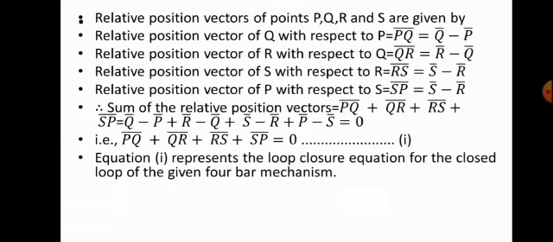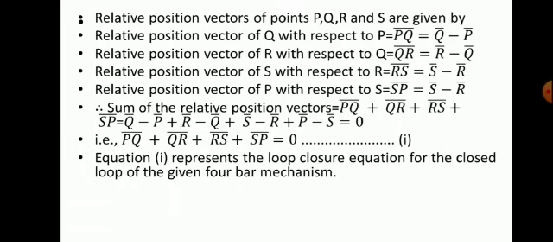Now, the sum of the relative position vectors is PQ plus QR plus RS plus SP, which is equal to vector Q minus vector P plus R minus Q plus S minus R plus P minus S, which is equal to 0.